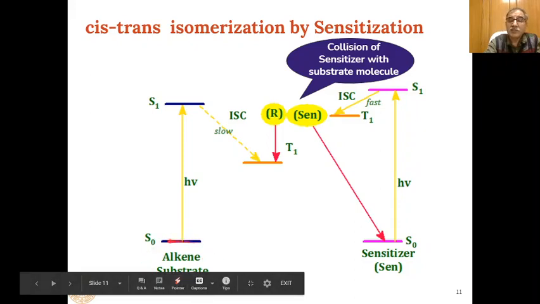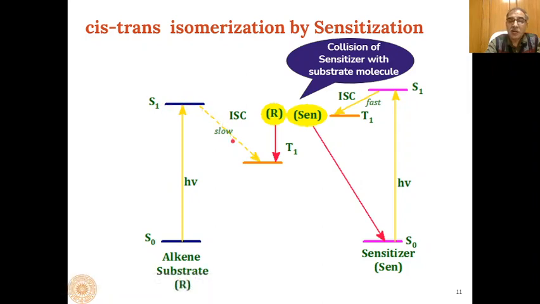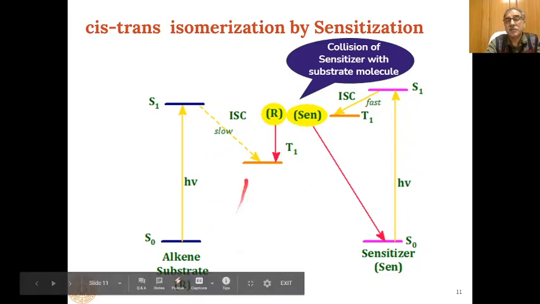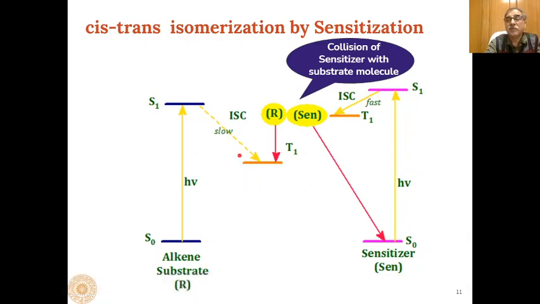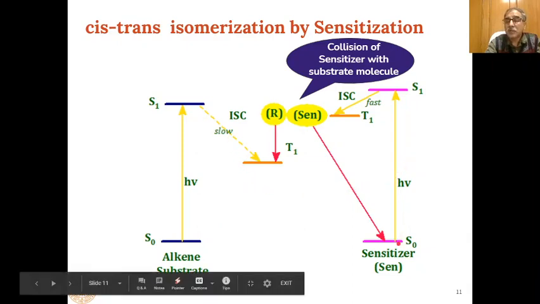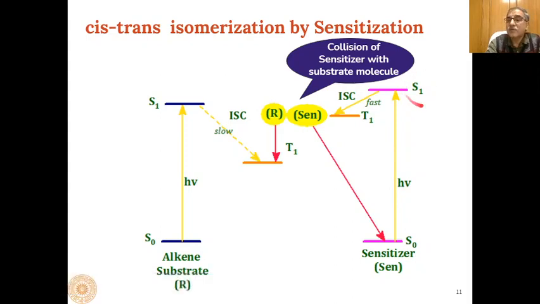We know that the alkene substrate from the singlet ground state will change into the singlet first excited state, and intersystem crossing is a slow process in case of alkene substrate because the energy required is very high. So what happens is we irradiate the sensitizer, and it changes into the singlet first excited state, which through a very fast intersystem crossing is converted into a triplet state.